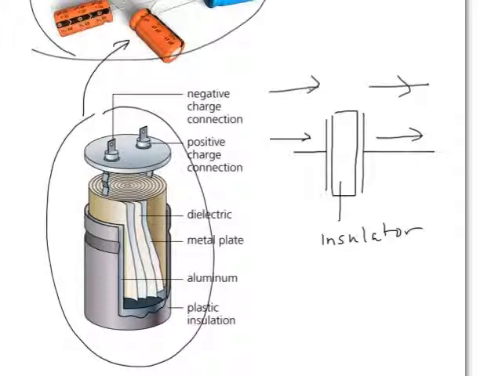These are your metal conducting plates, but in reality they're rolled up like this. And then in between those metal plates you have the insulator, which is called a dielectric material. You don't need to know that, just thought it would be useful. Here is your dielectric material in between the conducting plates. You only need to be familiar with this kind of representation, the simplified version of the capacitor.